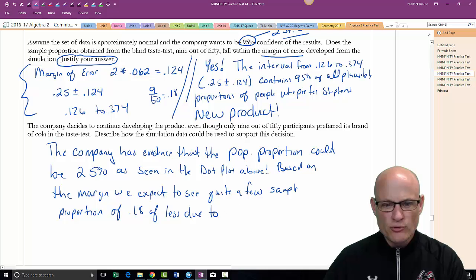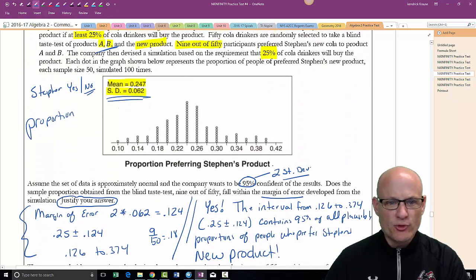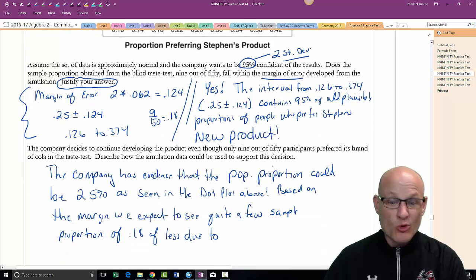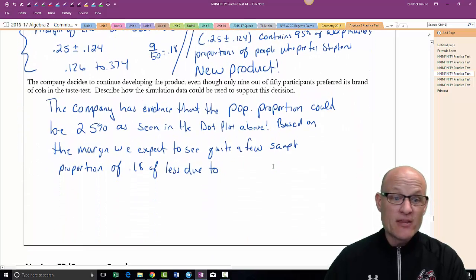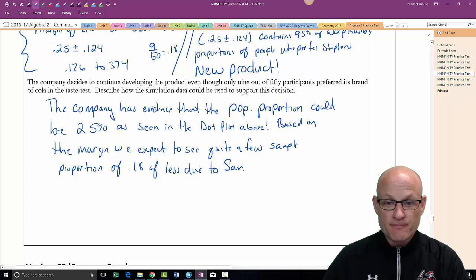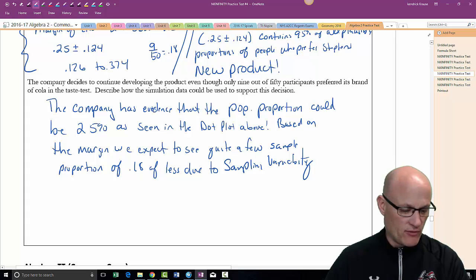Now why would they be due to that? That's due to, remember, this is all sampling variability. So yeah, we're going to see a few of these that are going to be 0.18 or less due to sampling variability.